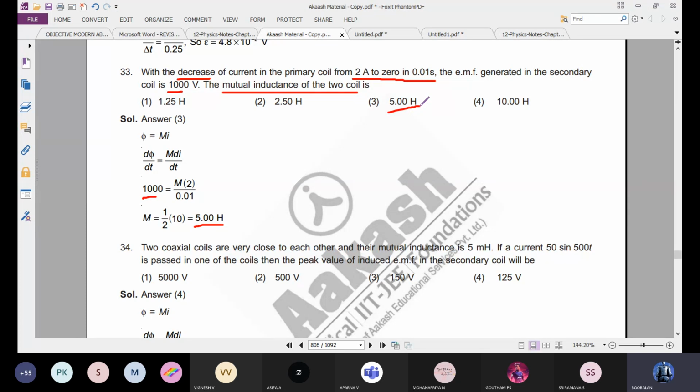Everyone prepare yourself. Today evening 6:30 there is an exam. In this exam, consider the revision exam 1 internal assessment mark. In this month we will conduct 4 tests, 1 practical test, 1 full test. August month syllabus is chapter number 6 and chapter number 7. In this week, chapter number 6, electromagnetic induction.